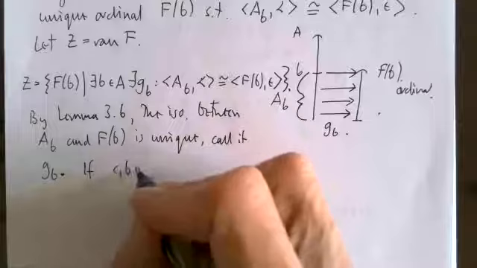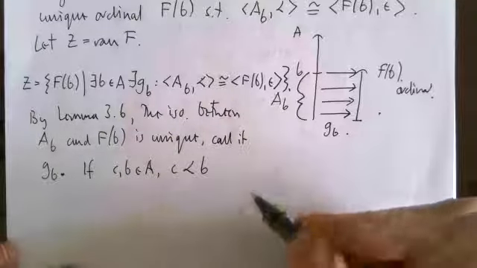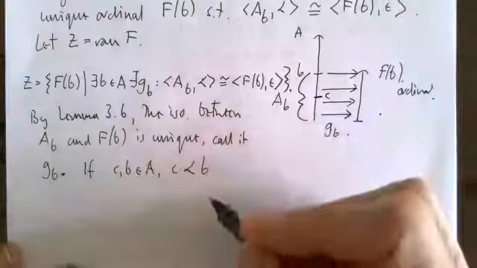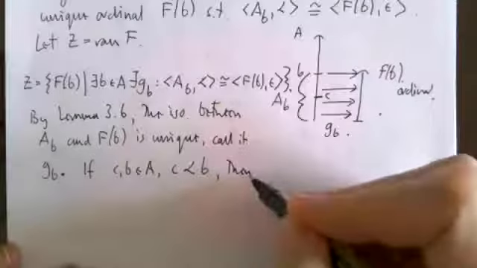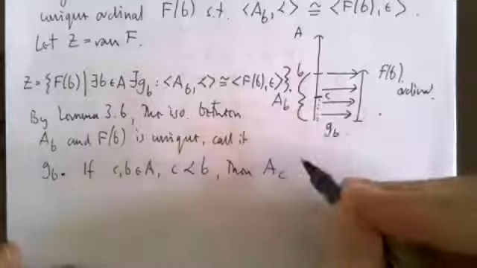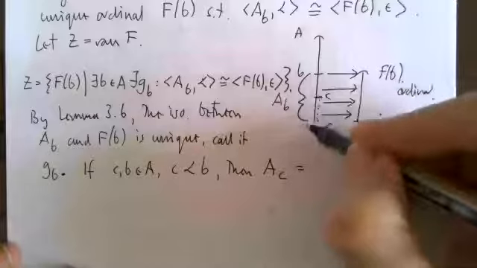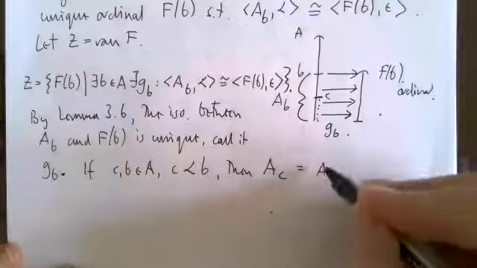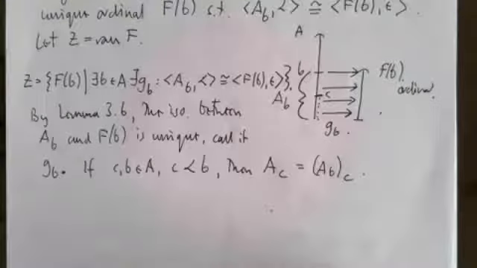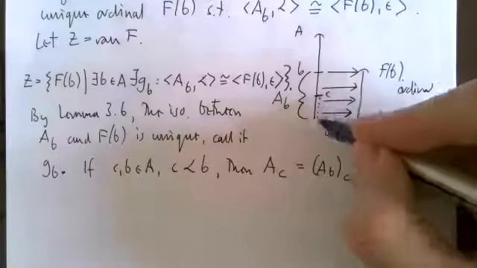If I've got C and B in A, and C comes before B, so C is down here, then everything that comes before C is exactly the same as the things in the initial segment of AB that come before C. After all, AB is just an initial segment of A, and we're only worried about the stuff that's below C.